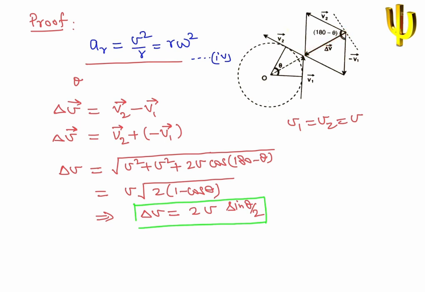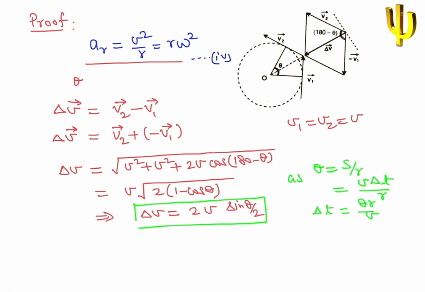Now as theta is equal to s by r is equal to v into delta t divided by r, that is delta t is equal to theta r by v.